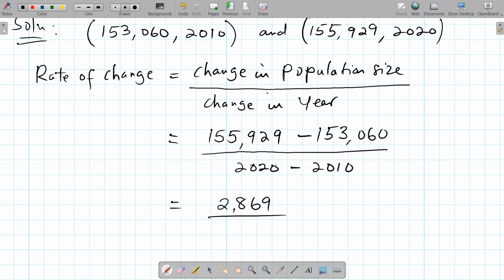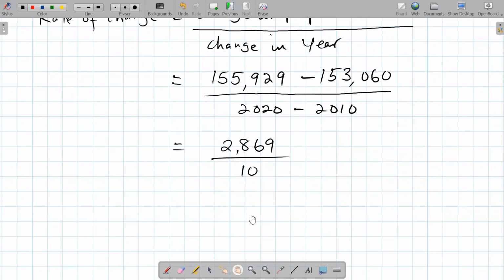And of course, 2020 minus 2010 is just 10. So when you divide, just move the decimal point one place to the left. That should give you 286.9. So that will be the average rate or rate of change.